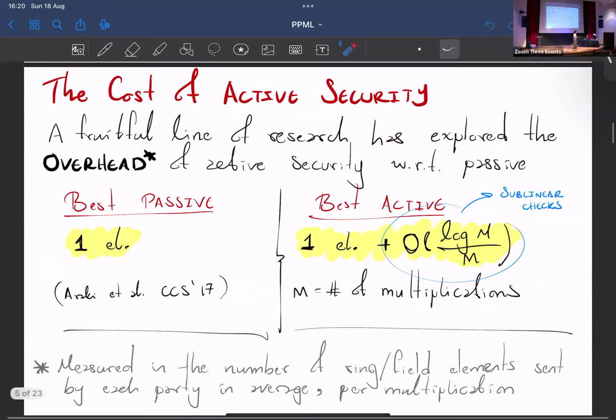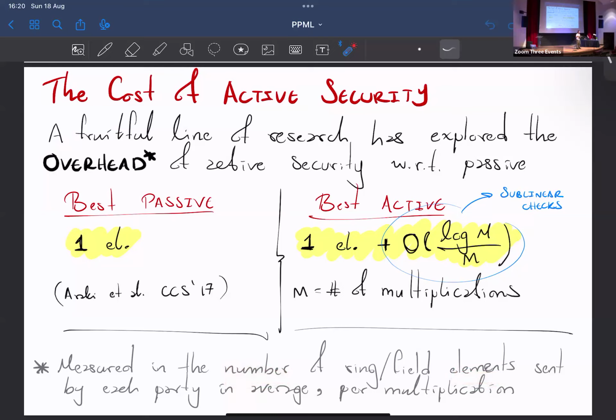All right, so let's discuss a little bit what's the cost of active security. Let's say passive security costs this much. How much is active security, which is a stronger notion, going to cost me? How much extra is it going to cost? Okay, so there's a fruitful line of research that has explored the overhead. By the way, we measure efficiency in terms of the number of elements that each party needs to send.